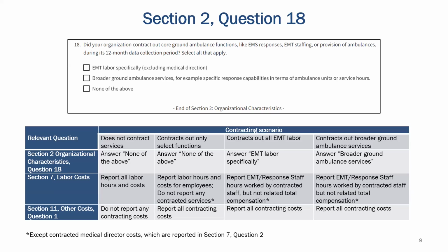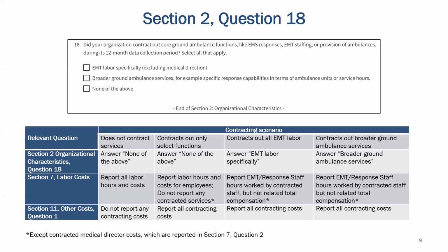In general, if you're contracting out to another organization to provide broad ambulance services, the instructions will ask you to report hours worked by staff from that contractor, but you don't need to report detailed information on total compensation for those staff. Same thing goes when reporting on facilities and vehicles.